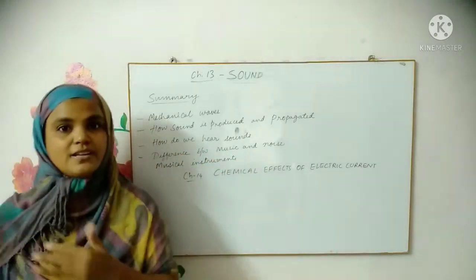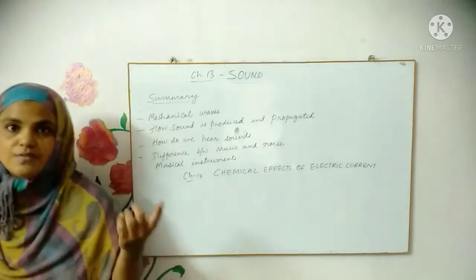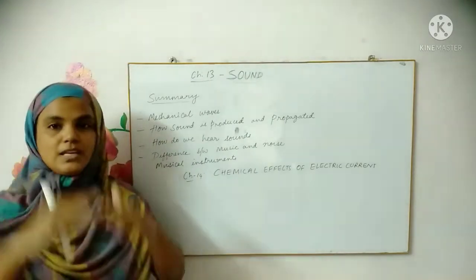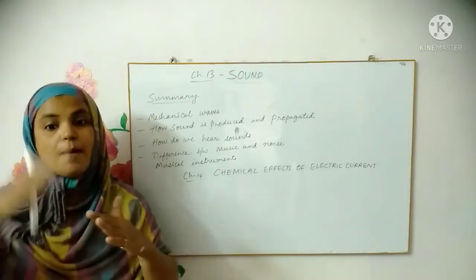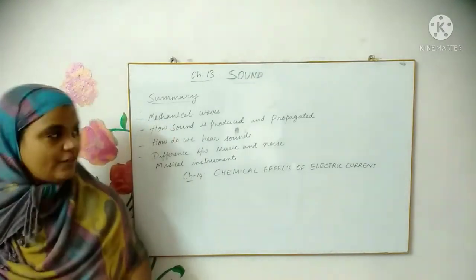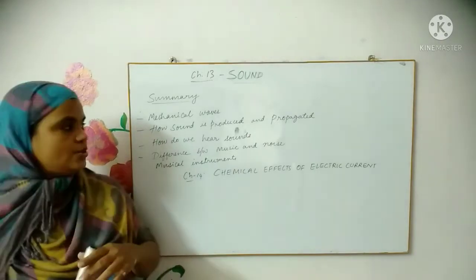Along the same direction the particles also vibrate, whereas in transverse waves, as in case of light waves, the particles of the medium vibrate in a direction perpendicular to the direction of the propagation of the wave, right? So sound waves come under the category of longitudinal waves.